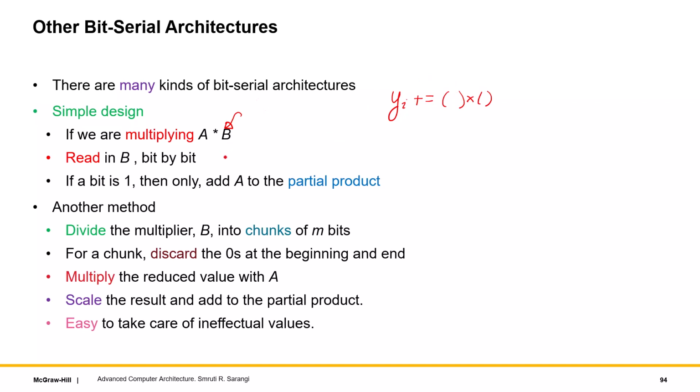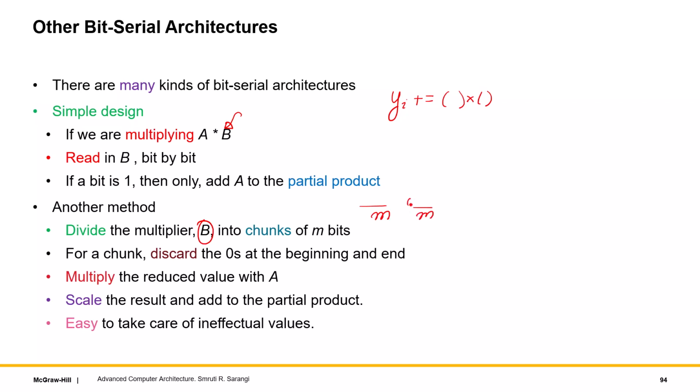So the idea is that for multiplying A by B, you read in B bit by bit. A simple design would be that if the bit is 1, you add A to the partial product, otherwise you don't. Another method would be that I have a bunch of these 1D convolution units. I take the multiplier B and divide it into chunks of, let's say, m bits.